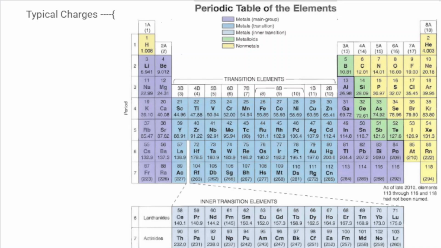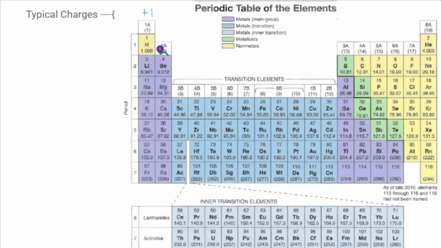So we have to ask ourselves, which is going to be easier for lithium, to gain 7 electrons or lose 1 electron? As you might have guessed, it's going to be easier for lithium to lose 1 electron, and that's going to give it a positive 1 charge. Because electrons are negative, losing 1 is going to give it a positive 1 charge.